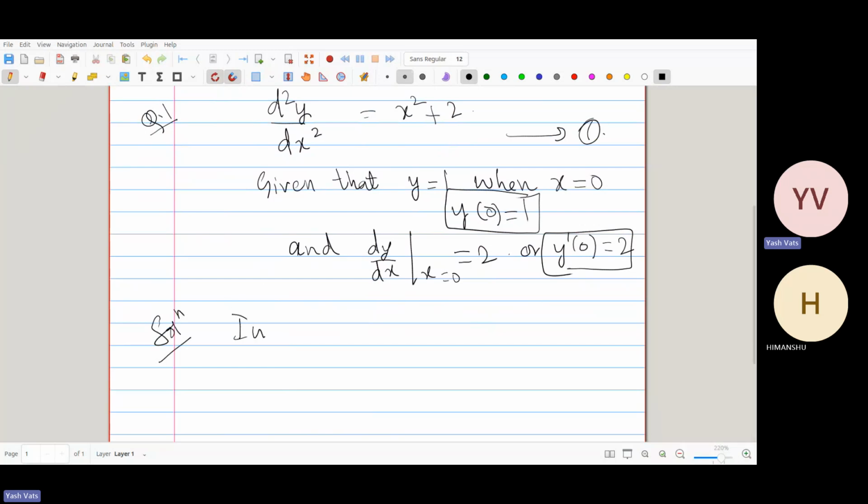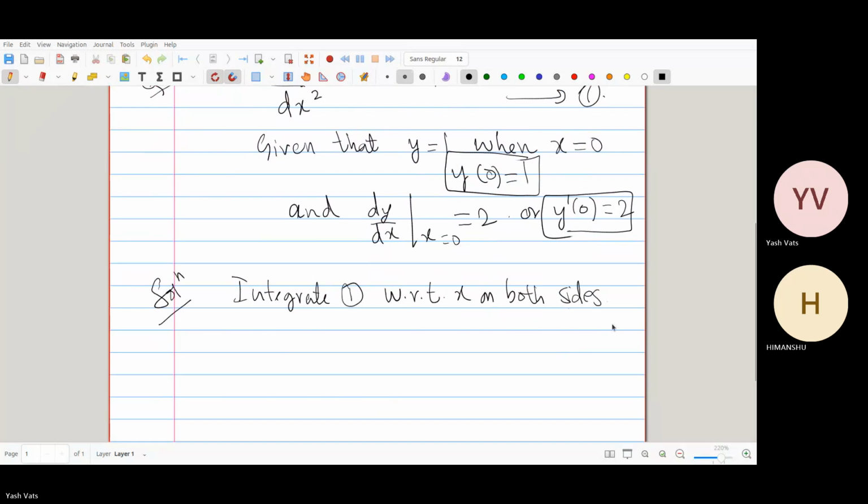Integrate first with respect to x on both sides. And what do you get? dy by dx: second order becomes first order, and x squared becomes x cubed by 3, 2 becomes 2x, and some constant a.